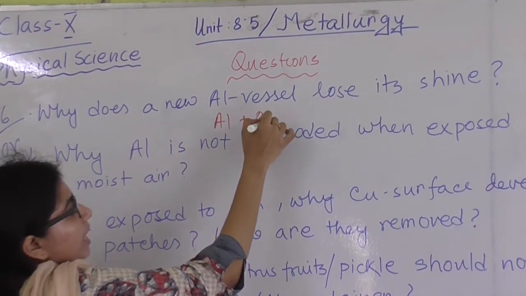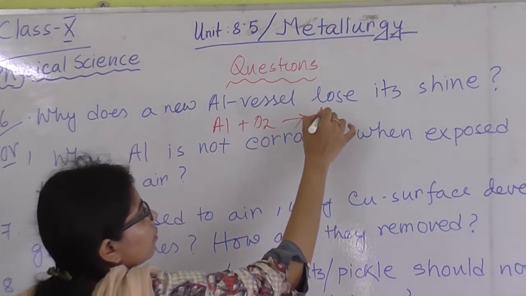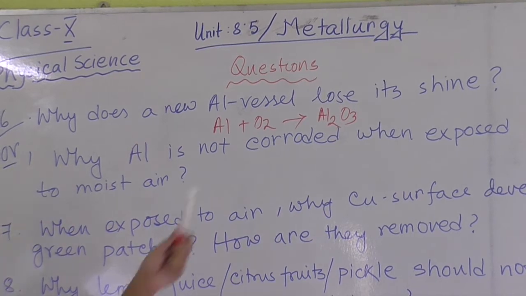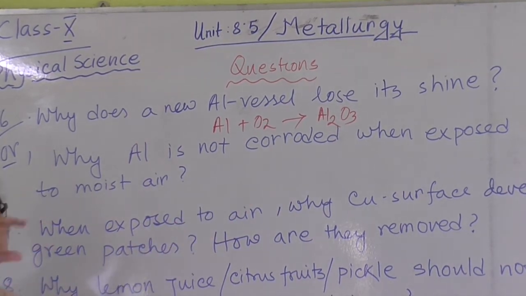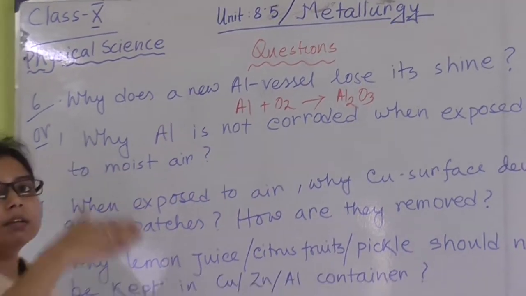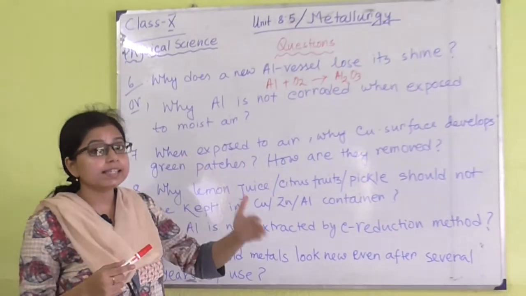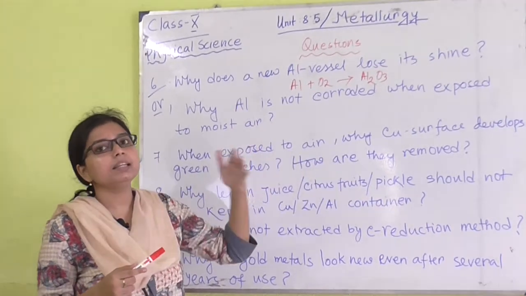The layer of this aluminum oxide forms a thin coating over the metal surface, and that is why the aluminum vessel can easily lose its natural metallic shine.